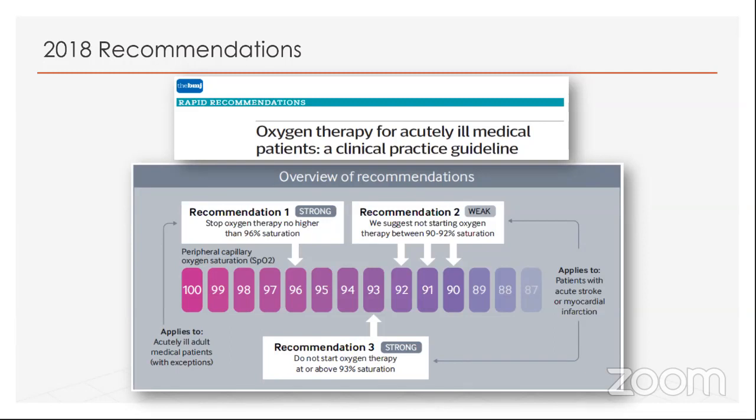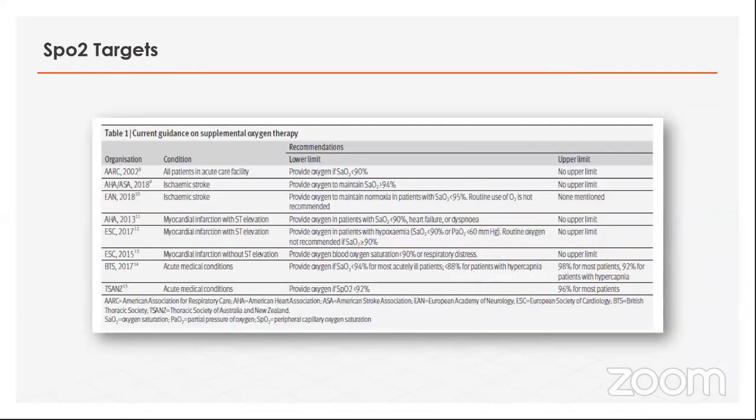And even if you go through the recommendations from the societies or associations, including the American Heart Association, European, British, New Zealand, and Australian, you will find different targets: 90, 94, 95, 90, less than 90, less than 94, less than 92. So it is different from everywhere.